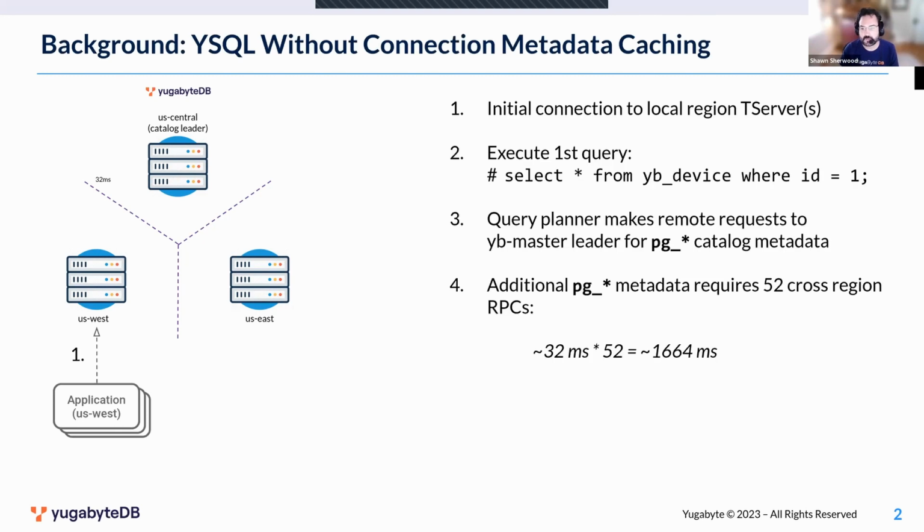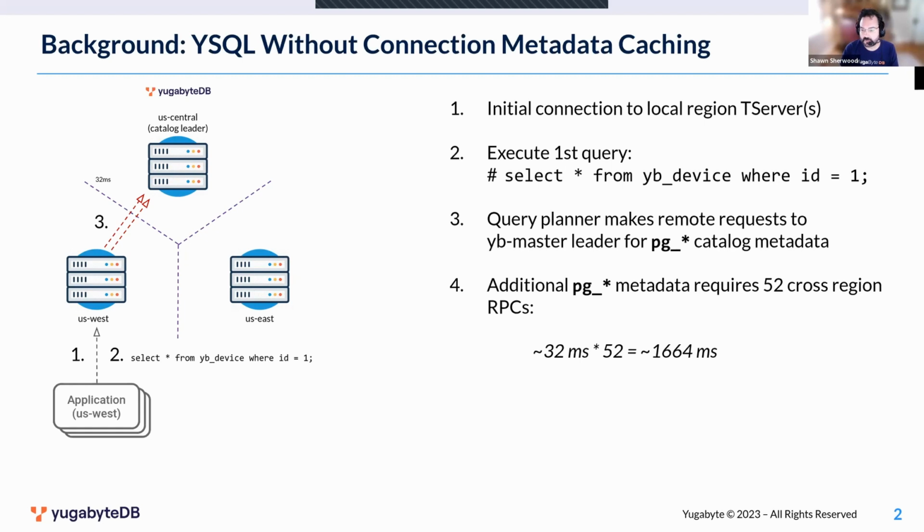What happens is when an application, or even a YSQL SH session, makes a connection to one of those T servers, the very first query you run on it, say this simple select star from YugabyteDevice where ID equals 1, triggers the Postgres query planner on the server side, which needs quite a bit of information from several PG_catalog tables. When I measured this, the requests that have to go across the network were not just one.